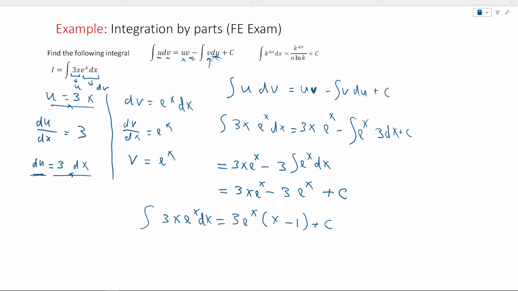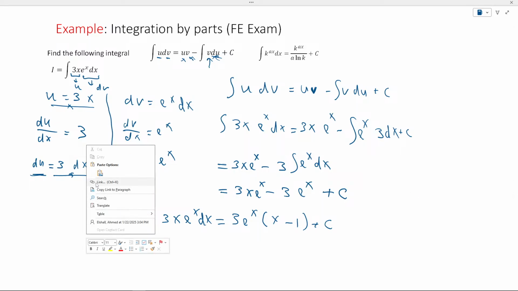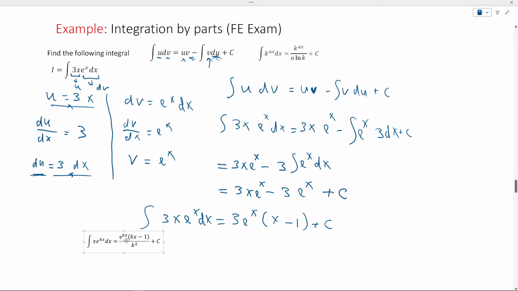Here we go. Let me just copy this and paste it here. This was from the special functions that I showed you in the previous lesson.